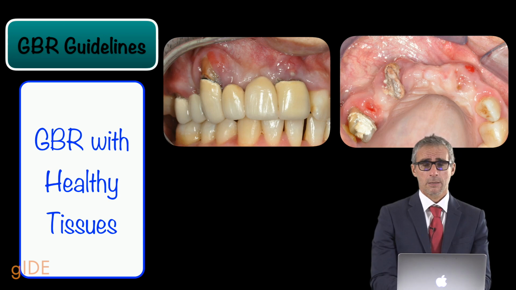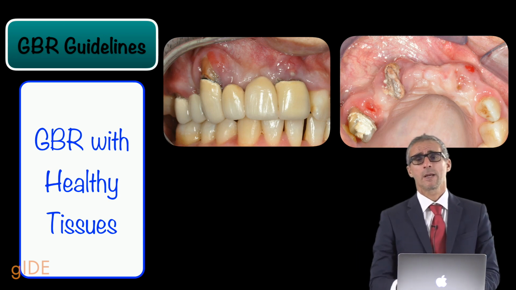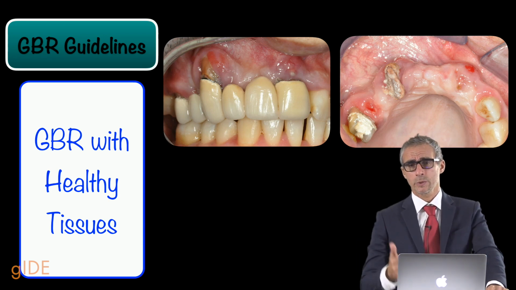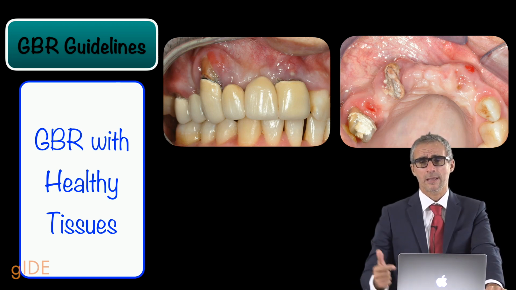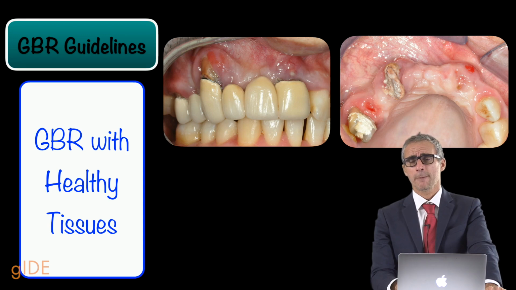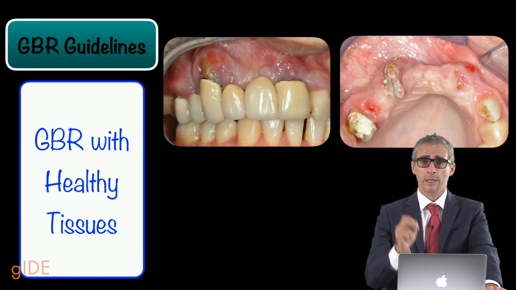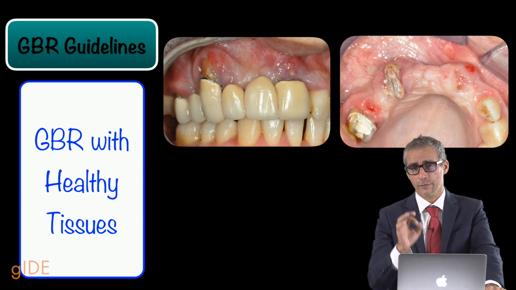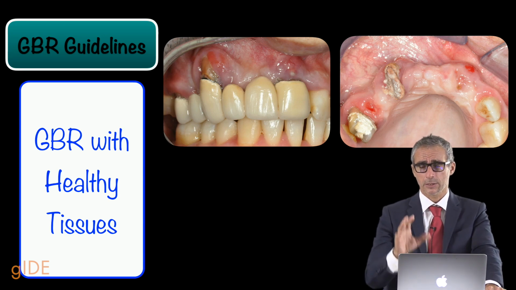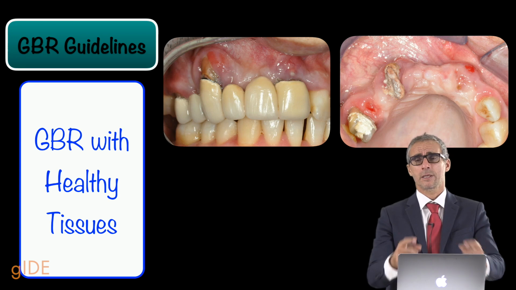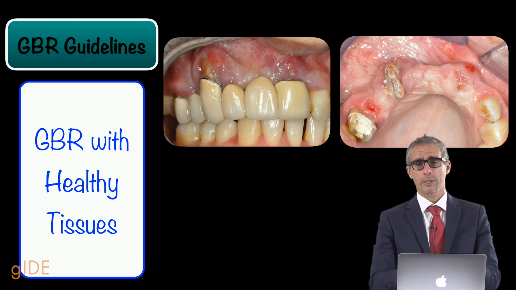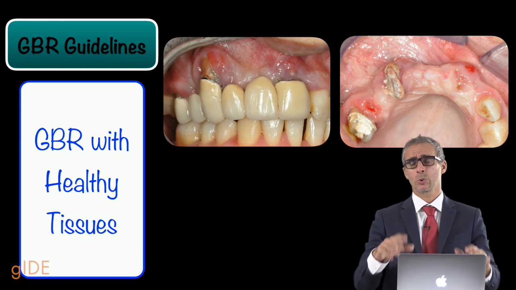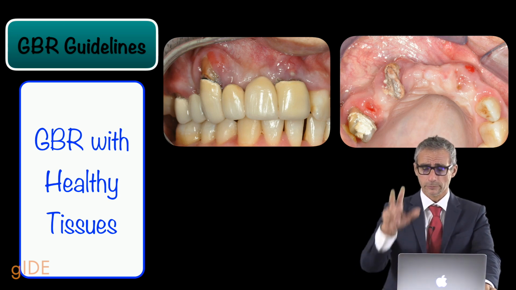And for this, my approach is the extraction of the residual roots and the teeth, the debridement of the inflamed tissue, the soft filling of the alveolar site with the fibrins, and the closure of the alveolar site with crossed sutures in order to stabilize the blood clot.